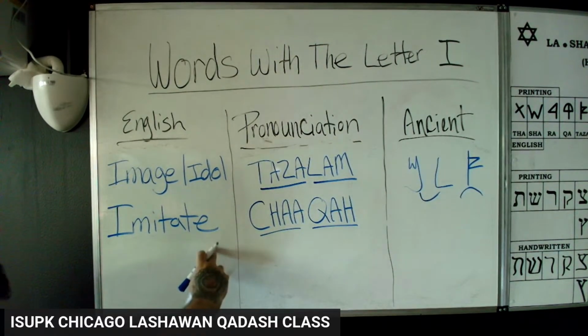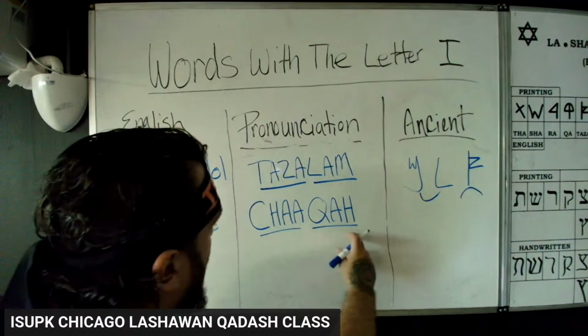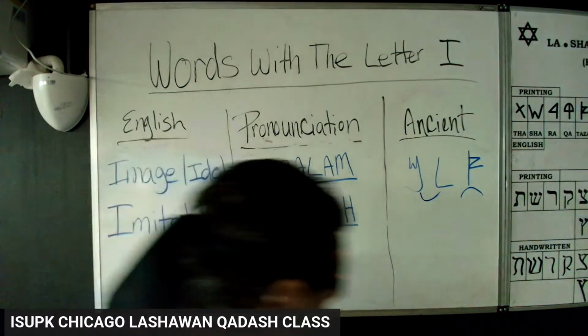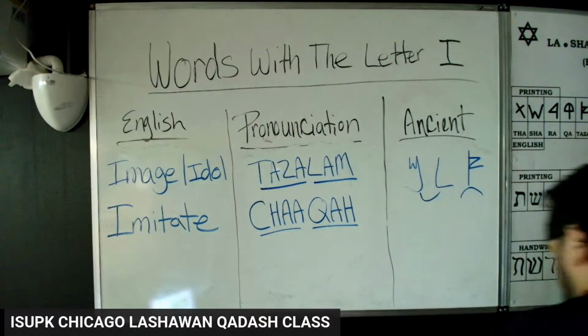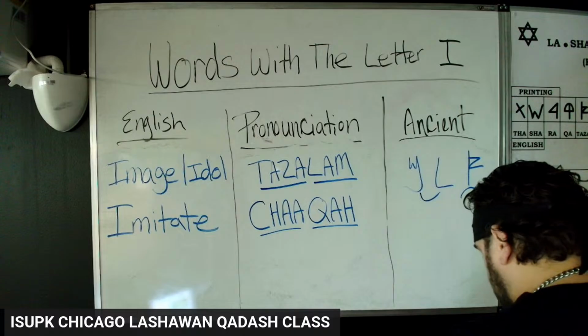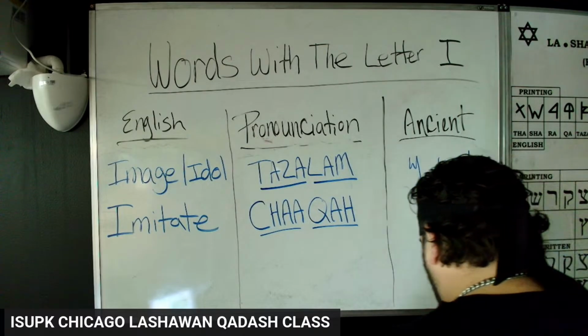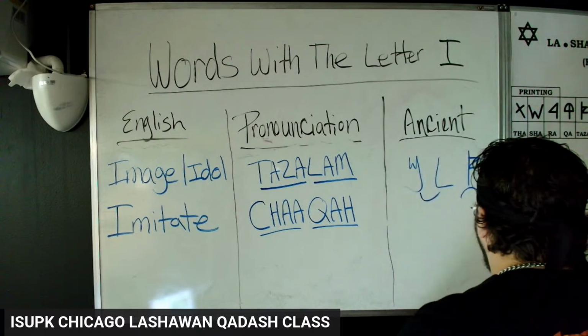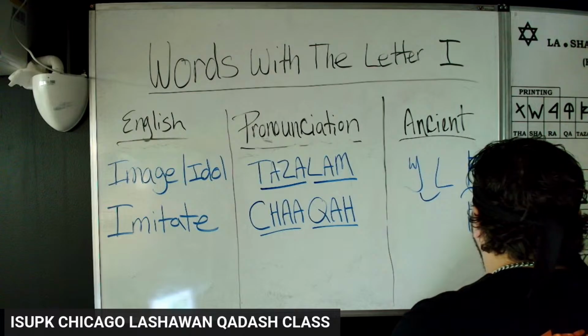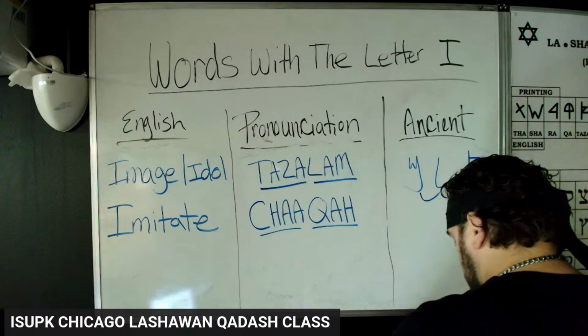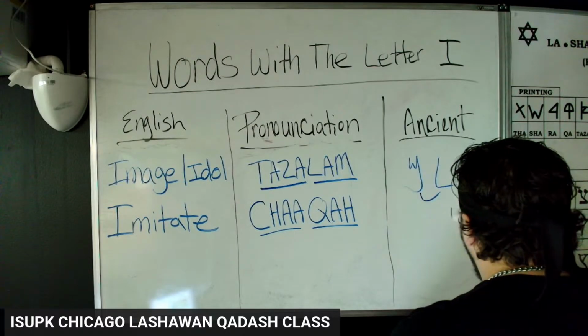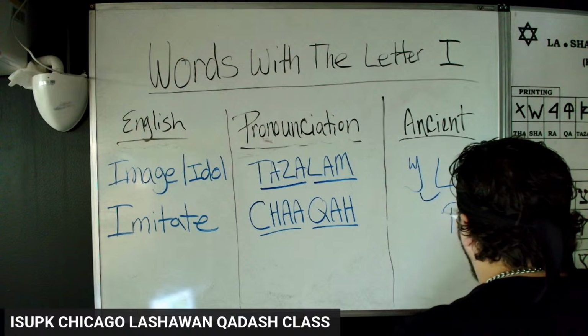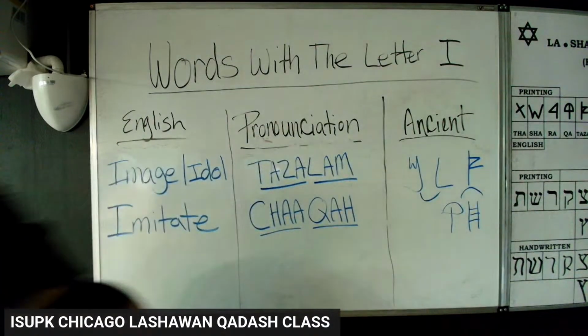So imitate in English is ka-kwa. All right. I'll write it right here. Okay, I do.